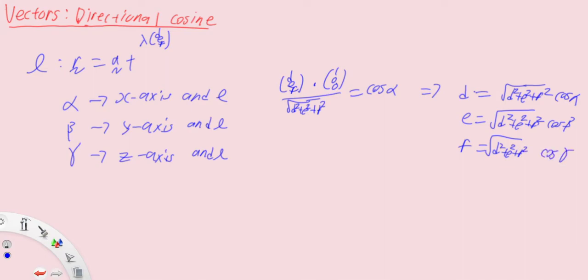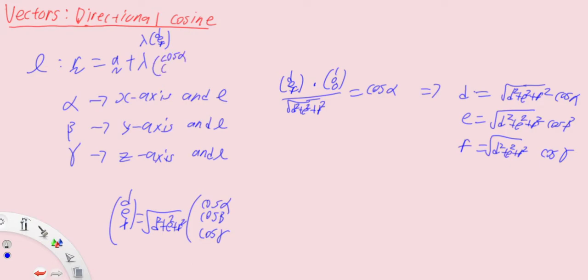And what do you notice about our direction vector? Notice that our direction vector, DEF, is simply root of D squared plus E squared plus F squared, bracket cosine alpha, cosine beta, cosine gamma, and this results in the direction vector of this particular line L being cosine alpha, cosine beta and cosine gamma. So this is the mathematical way of seeing it, the mathematical proof.